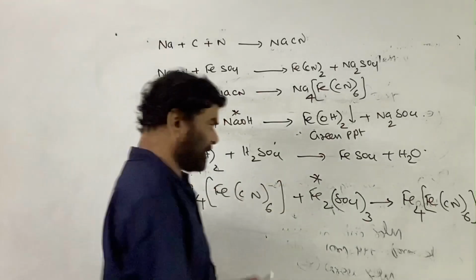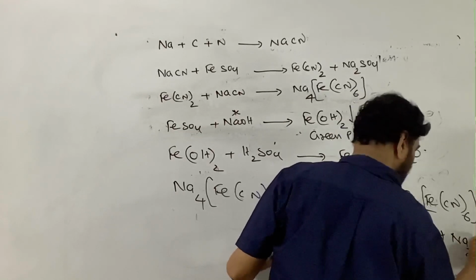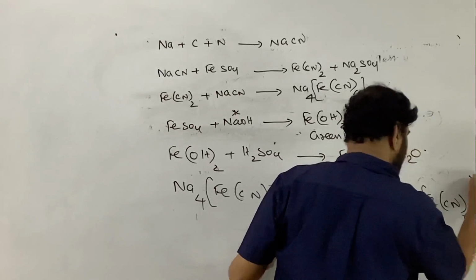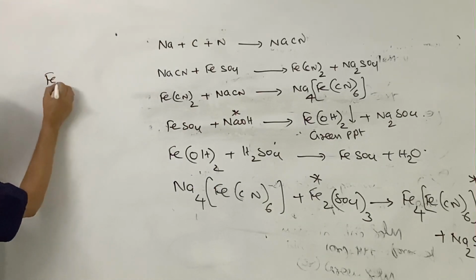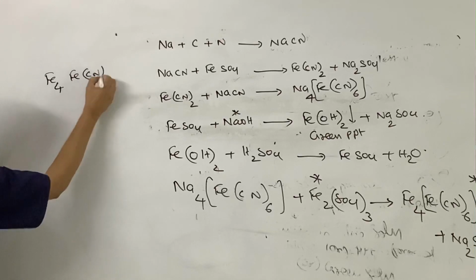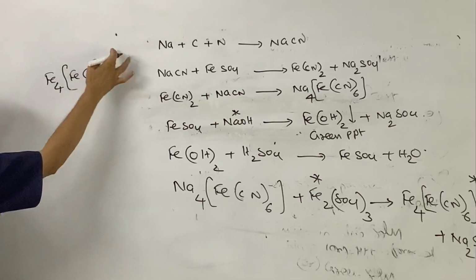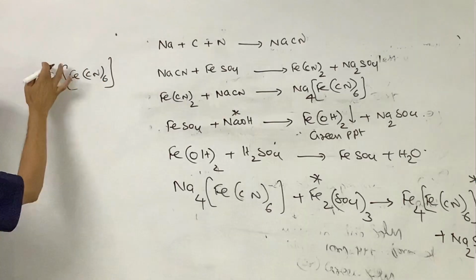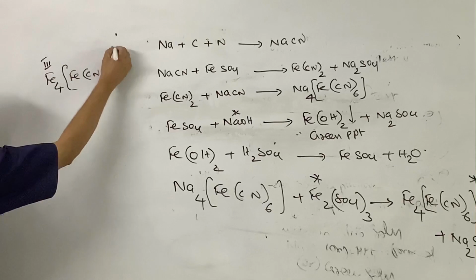This is the complex, plus Na2SO4. A new complex is formed having the formula Fe4[Fe(CN)6]3. The valency of this complex ion is 4. The valency of this is 3.